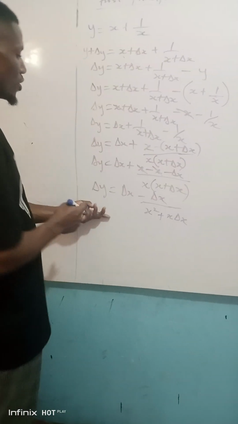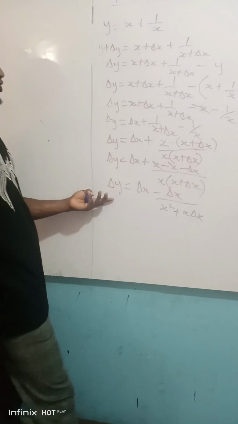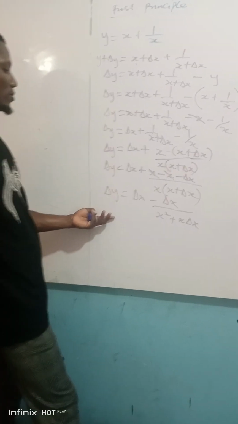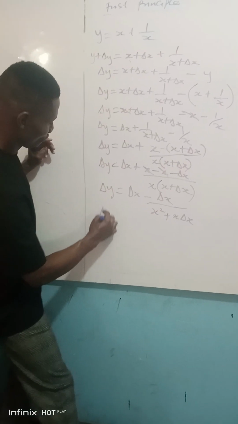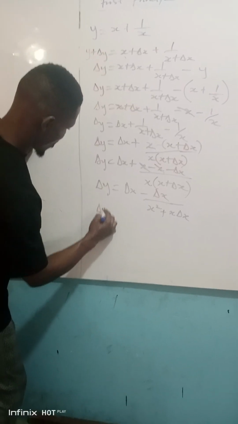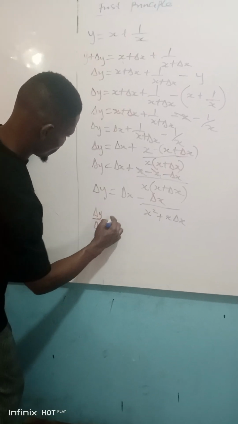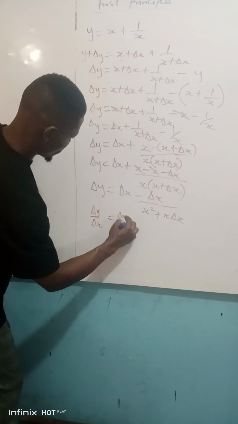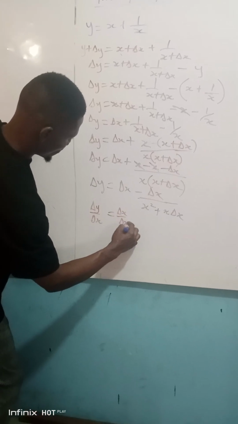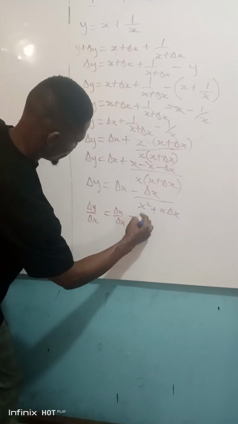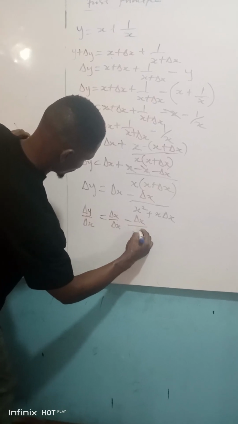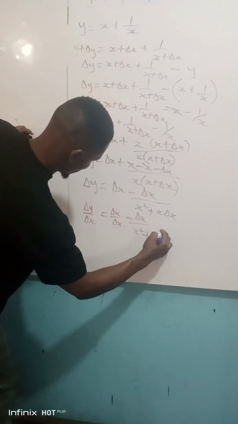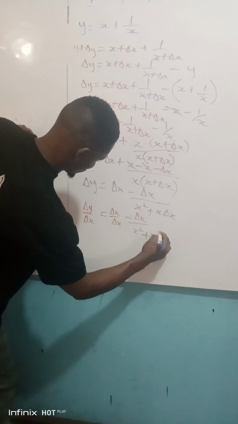From this, what we do next is we divide both sides by change in x. So now change in y over change in x will be equal to change in x over change in x minus change in x over x squared plus x change in x.